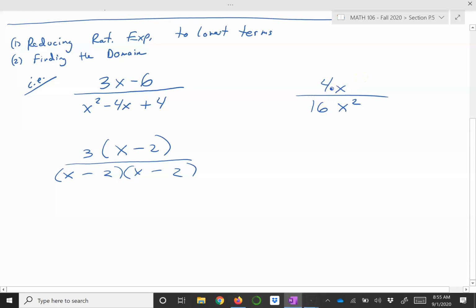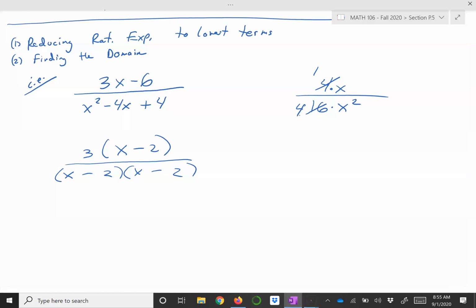Since it's 4 times x and 16 times x squared, if there's something on top that could cancel out with the bottom, you can go ahead and do that. So a 4 and a 16, we want to reduce that fraction. Well, 4 goes into 16 evenly to get 4. So if I cross this out, I get a 1, and then the 16 becomes a 4. 4/16 is 1/4. So I've reduced that fraction.